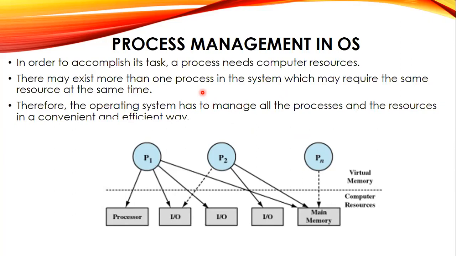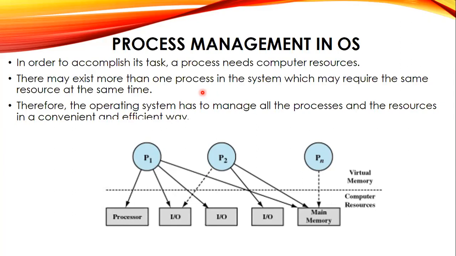So operating system similarly has to manage all the processes and the resources in a convenient and efficient way. So operating system is also doing this. So in computers, different resources, let's say, I mean, any kind of device can be a resource.